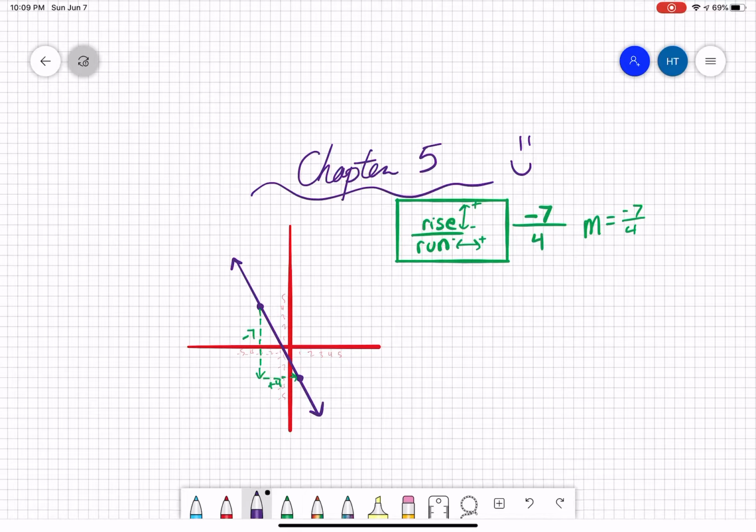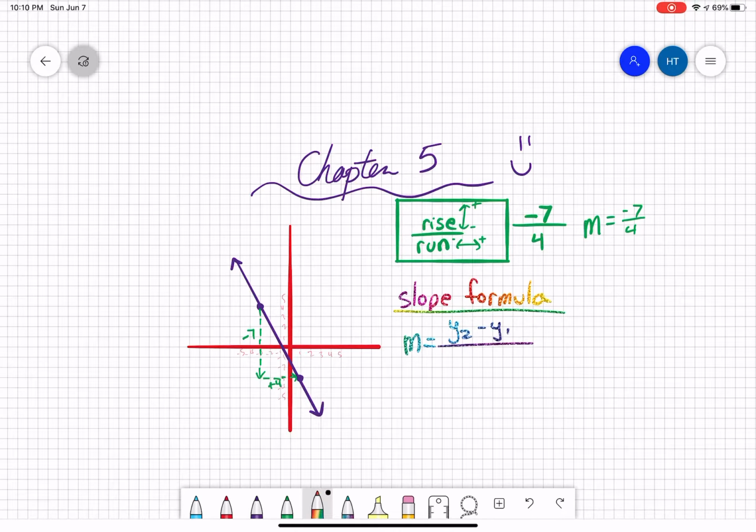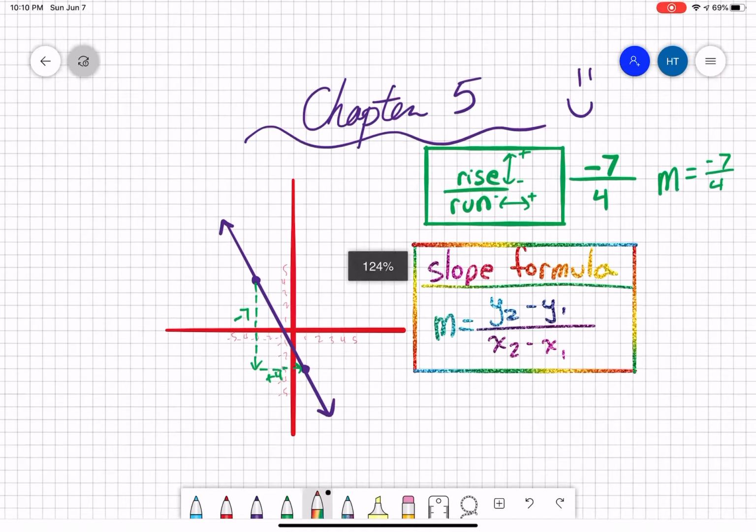Another way I can solve this is if I use the slope formula. So the slope formula is m equals y2 minus y1 all over x2 minus x1. Now those 2's and the 1's, remember, those are just like little footnotes.